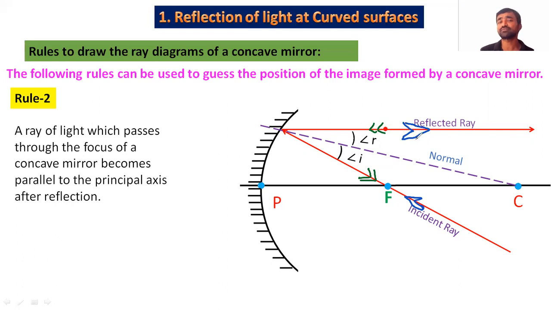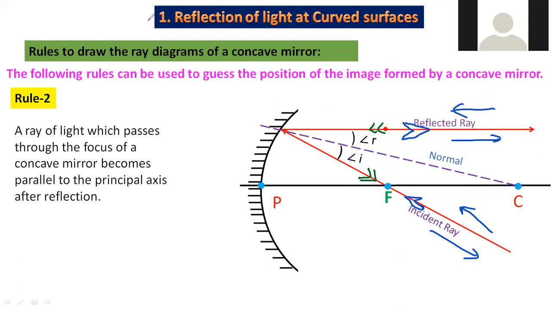So in the same diagram, we can remember: if a ray maintains this direction, it reflects like this. If a ray maintains this direction, it reflects back like this. So in the same diagram, we can see the two rules. Is it clear? Quick reaction. Right, thank you. Then we'll go for the next rule.